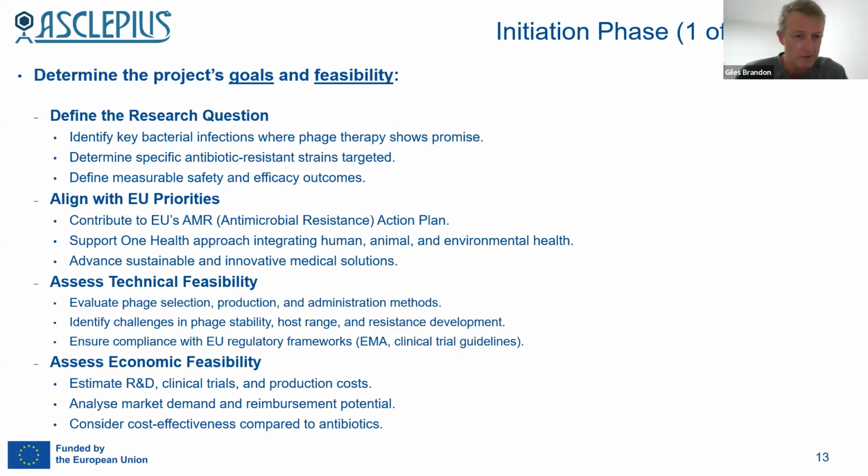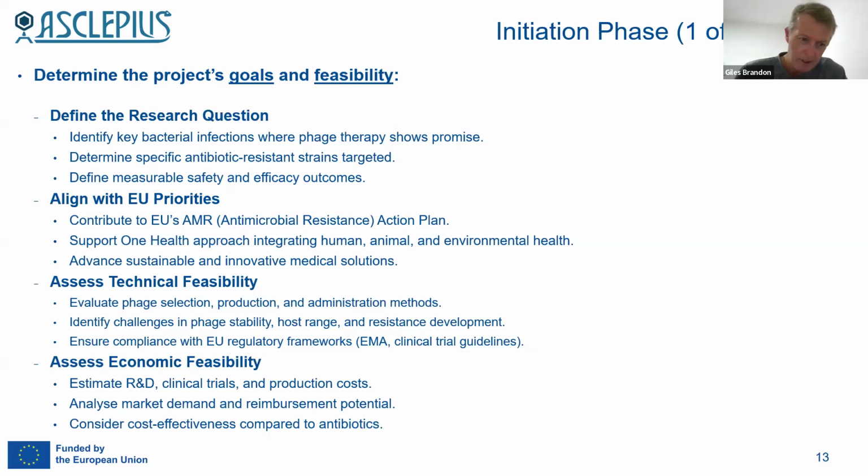Is this technically feasible, what we want to do? And then from an economic feasibility standpoint, from looking at the call text, seeing what the budget is available, we need to estimate what the R&D, clinical trials, and production costs will be. Will there be sufficient budget for what we want to do?